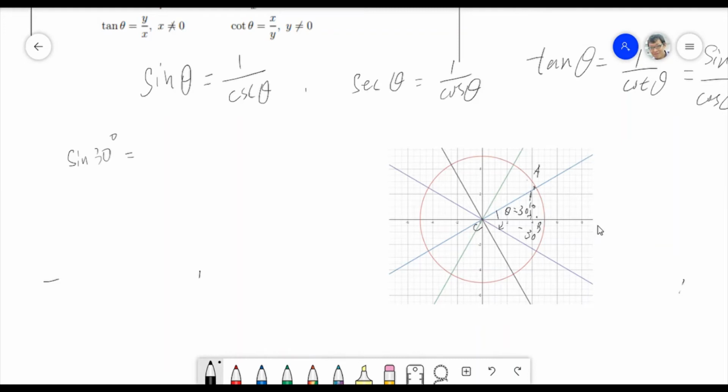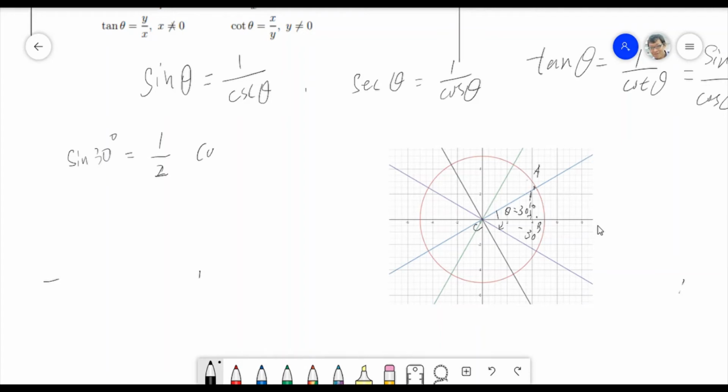So if ABC is a right triangle, and except for the right angle, another angle is 30 degree, then one side AB is 1/2 of the AC hypotenuse, right? So if you notice that, this is the result. So sine 30 degree should be 1/2.